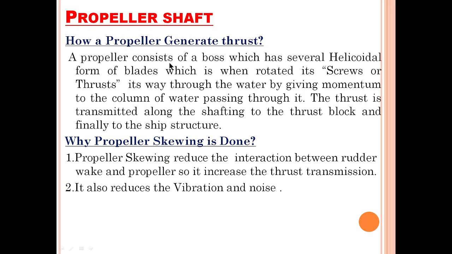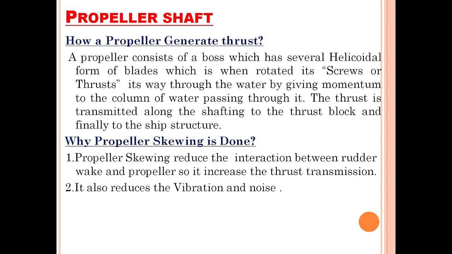A propeller consists of a boss which has several helicoidal blades. When rotated, it screws or thrusts its way through the water by giving momentum to the column of water passing through it. The thrust is transmitted along the shafting to the thrust block and finally to the ship structure.